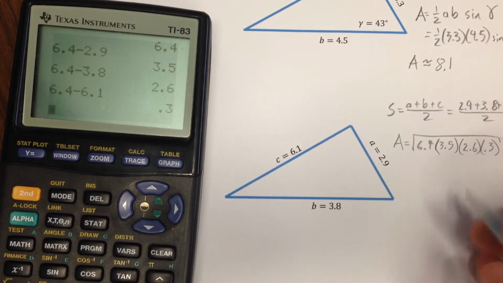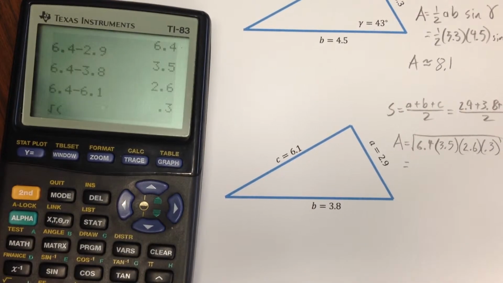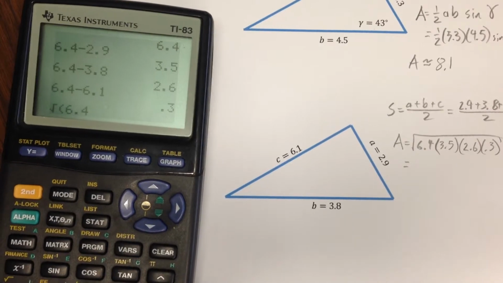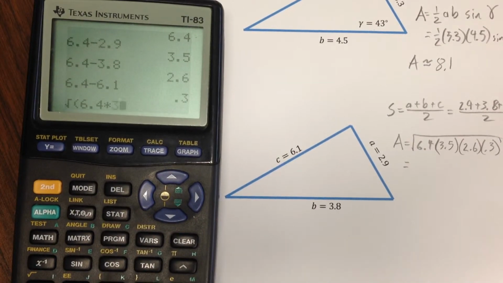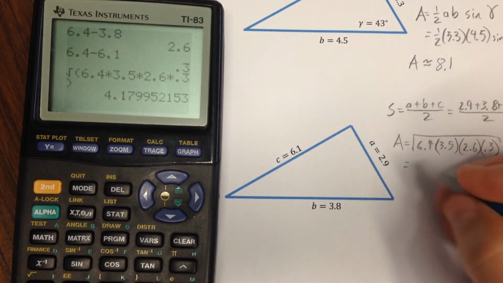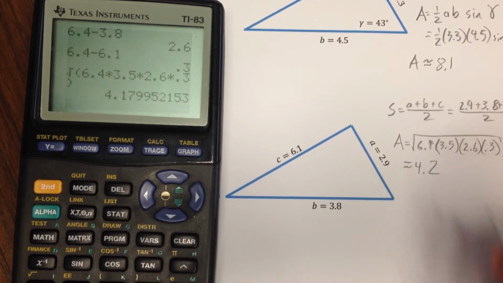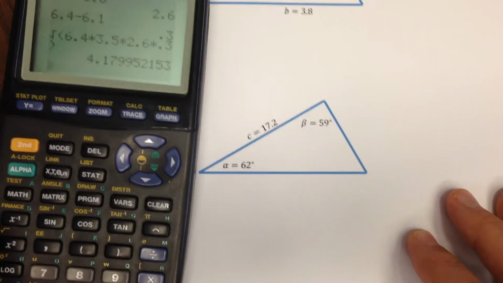Okay, so put that all together, and I get the square root of 6.4 times 3.5 times 2.6 times 0.3, which is approximately 4.2.